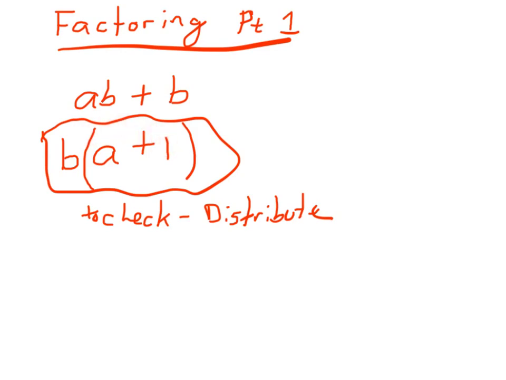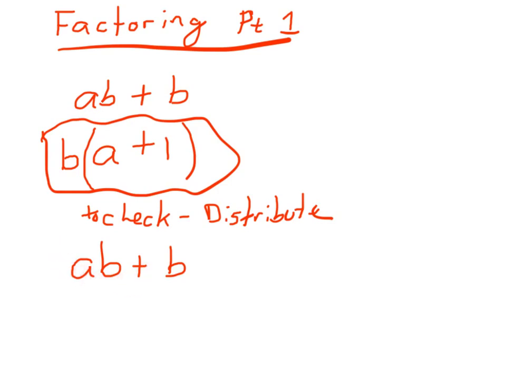So let's just do that. B times A would be AB plus B times 1 is B. And then you would notice, oh look, I distributed and I got AB plus B, which is the same as what I started with. So it's correct. So while factoring takes it out, distribution puts it back in.